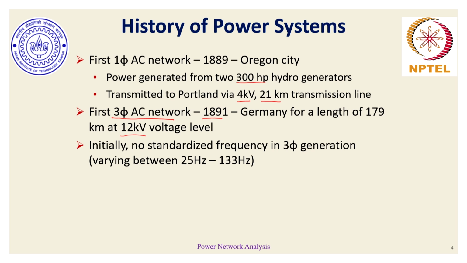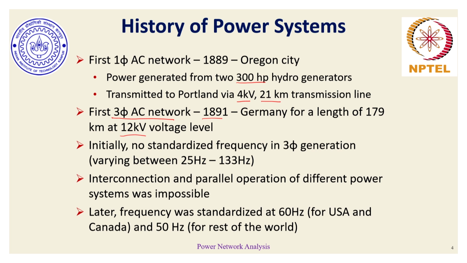And there was a lot of debate around that time about what should be the standard frequency of the electrical power network. So, a lot of work and discussion went on, and eventually for USA and Canada, the standard electrical frequency of the power network is 60 hertz, while the rest of the world is happy at 50 hertz.